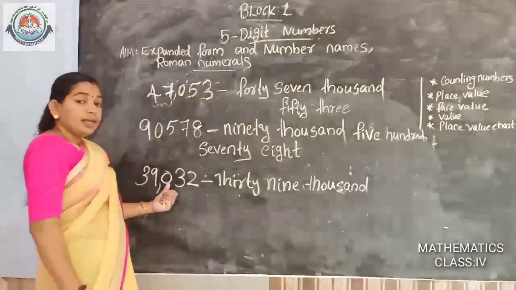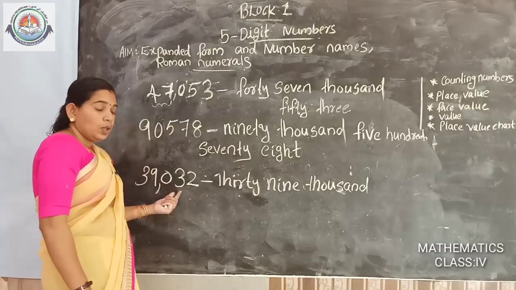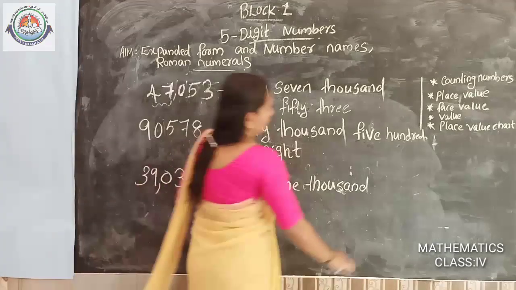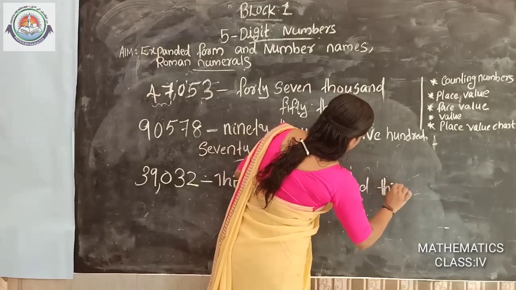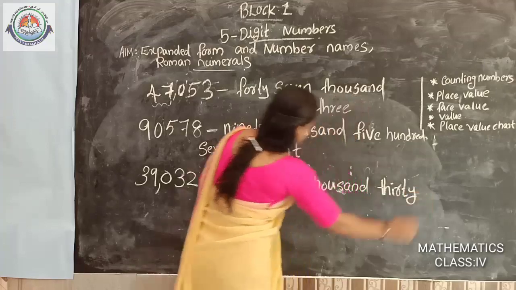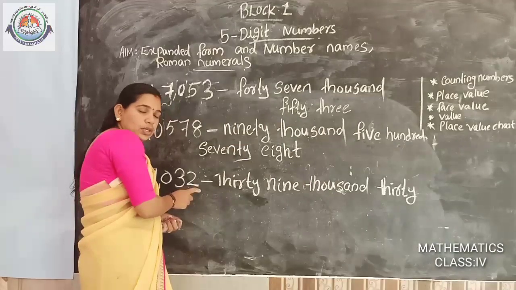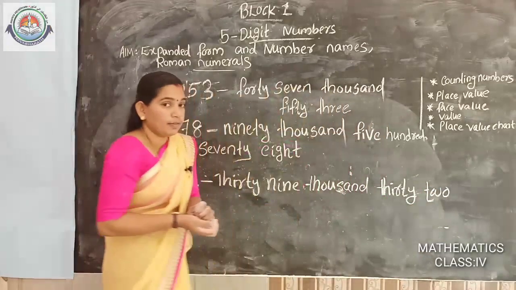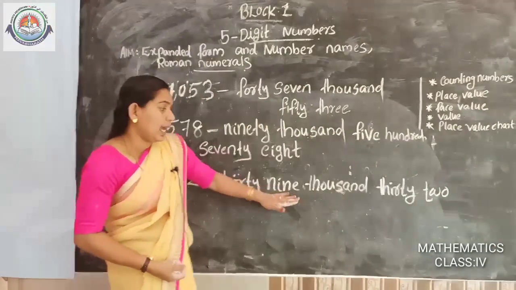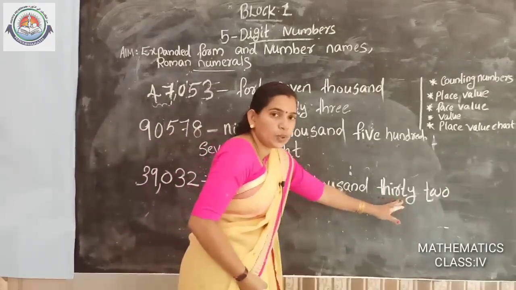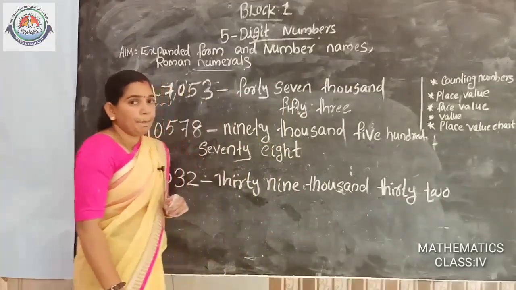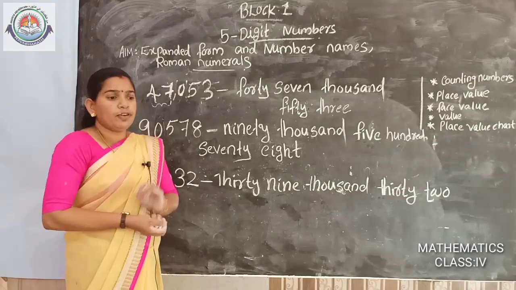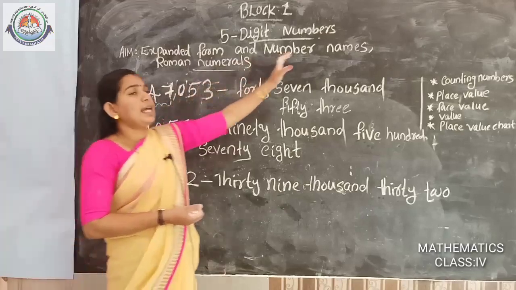Then the place of 100, 0. Next, in the tens place 3, so 30. In the ones place 2, so 32. What is the answer? 39,032. How many of you got this answer? Good.